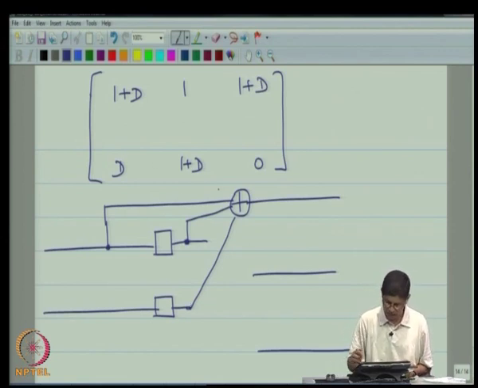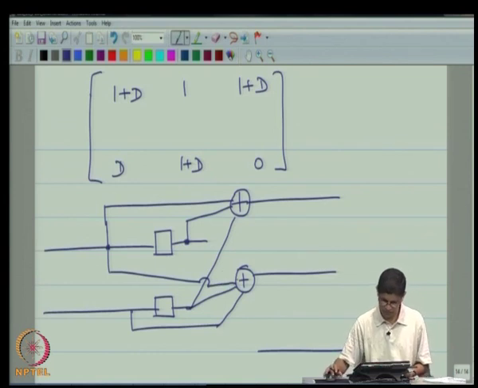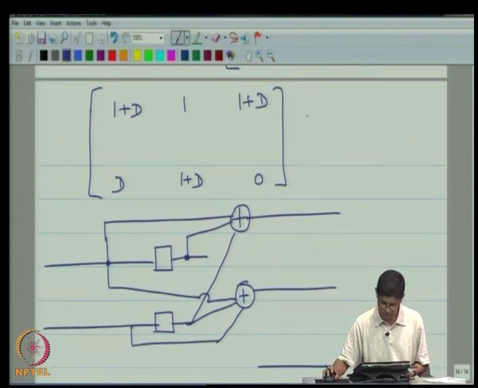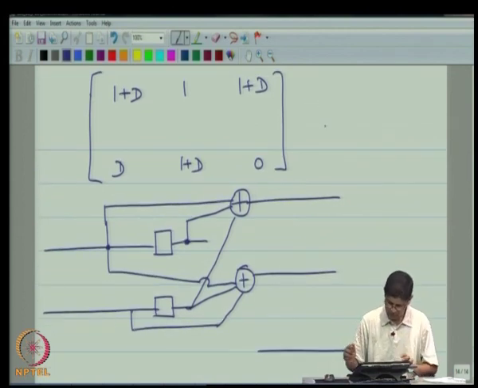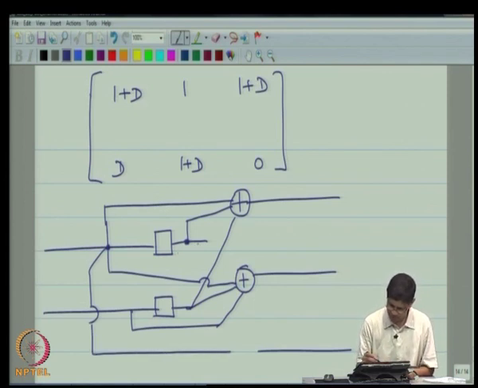The second output is 1 and 1 plus D. So, that will get its output from here, as well as from here, and the third output is 1 plus D and 0, which means its output is derived only from the two tapping points of the first input line.